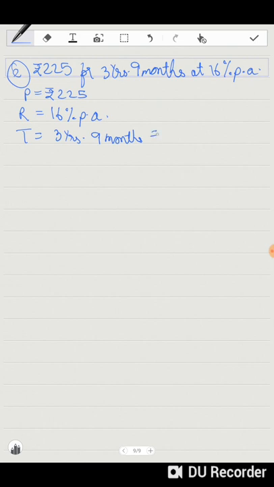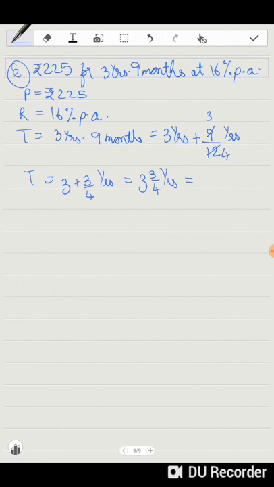Hence, it is very simple: it is 3 years plus 9 divided by 12 years. Since I want to convert months into years, I'll divide by 12, but only 9 would be divided by 12. Why? Because 3 is already in years. So 3 3s are 9 and 3 4s are 12. Hence, my time is 3 plus 3 upon 4 years, which as a mixed fraction is 3 3 upon 4 years, and which I will convert into an improper fraction as 15 upon 4 years.